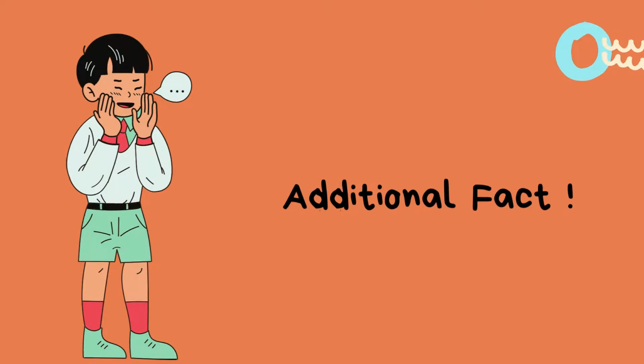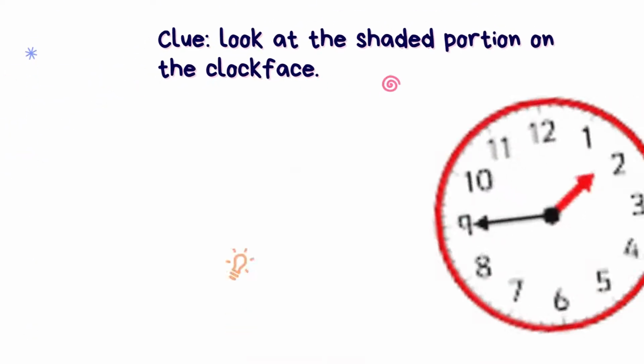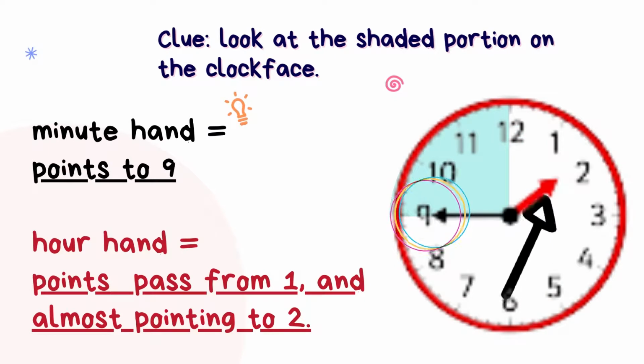Additional fact. Let's look at this clock face. Now, the minute hand is pointing to number 9. The hour hand is past number 1 and almost pointing to number 2.